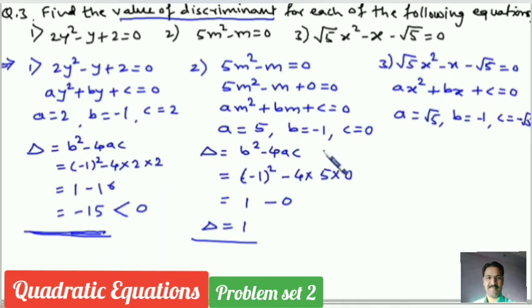Okay, so now we are going to find delta, that is as usual b square minus 4ac. b square, that is minus 1 square minus 4 into a for root 5 and again c for minus root 5. Okay, see here.